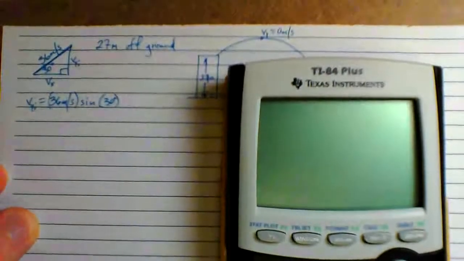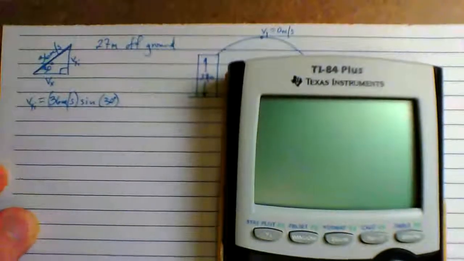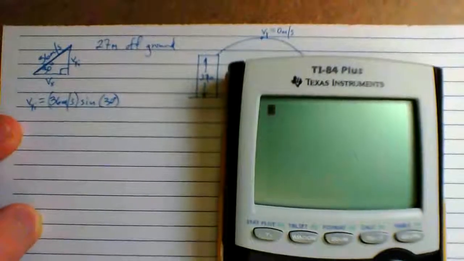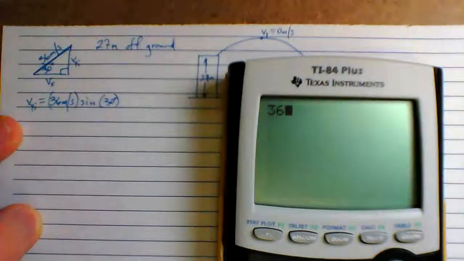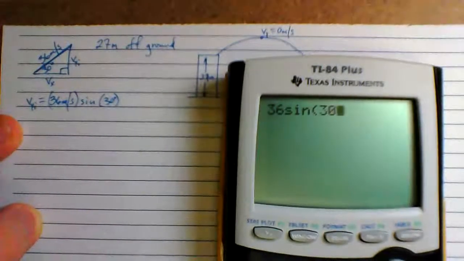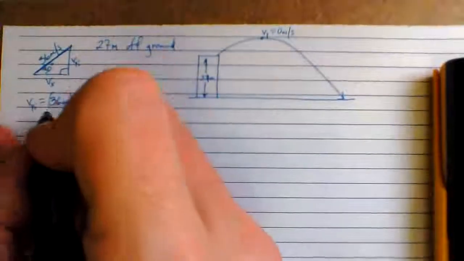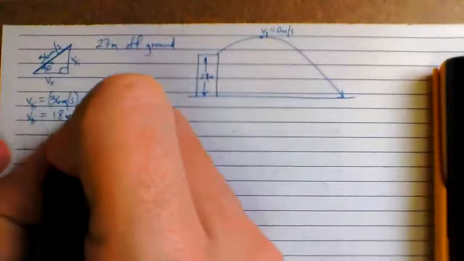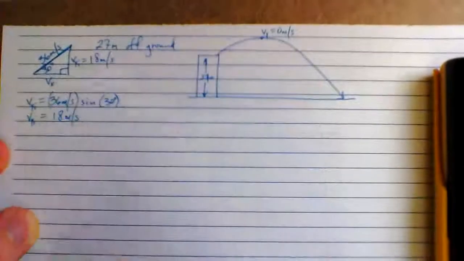If you didn't, go back and check the other ones. It's explained in there. So Vy initial is 36 times sine 30, which gives us 18. So that's 18 meters per second in the y direction initially.